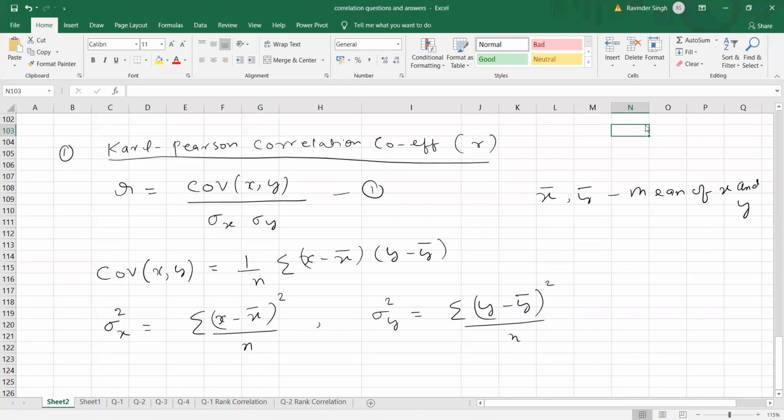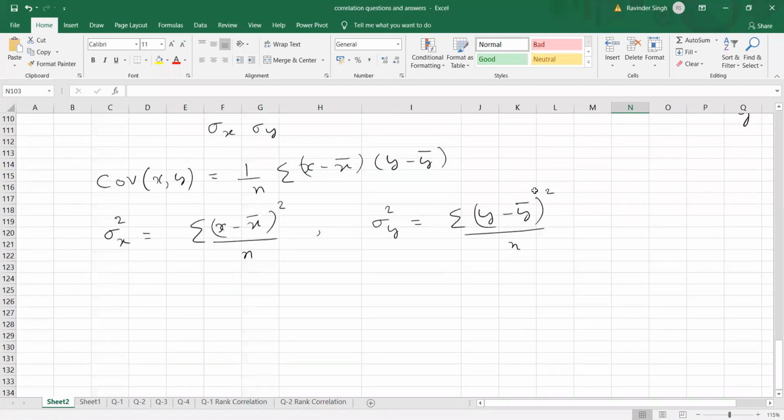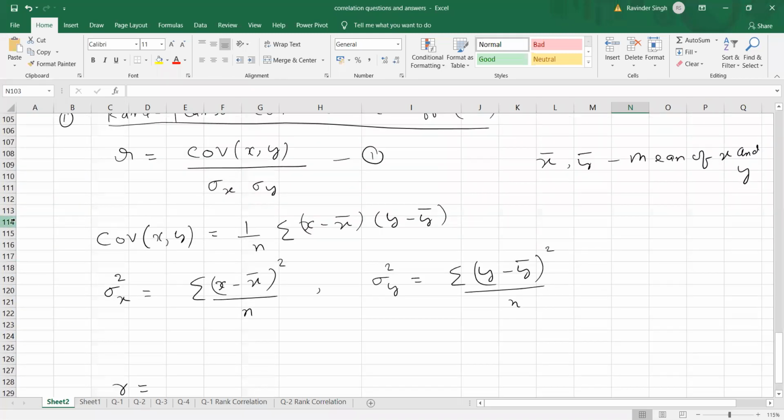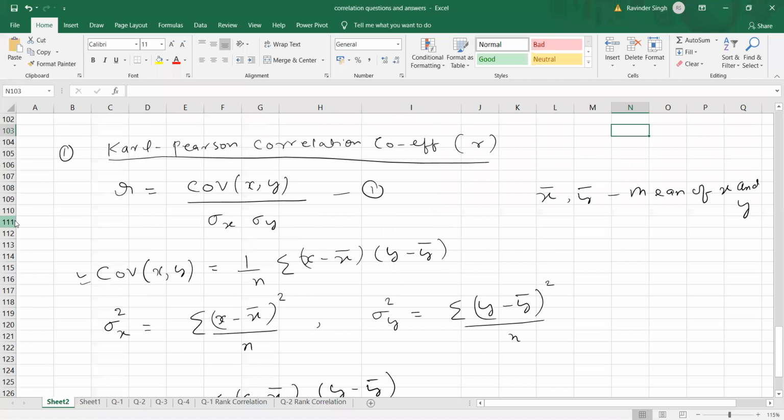So when we substitute all this formula in equation number 1, what we will get? We will get R is equal to, what is covariance of xy? This value, so I will substitute here. So I will get 1 by n summation of x minus x bar, then we have y minus y bar, whole divided by sigma x and sigma y.